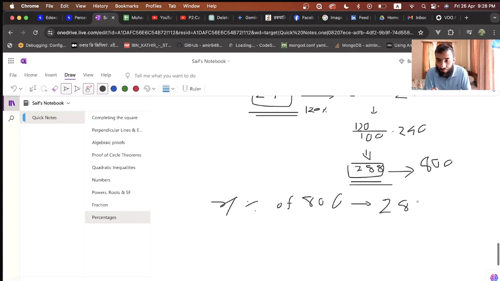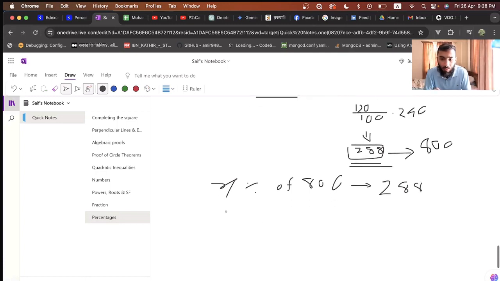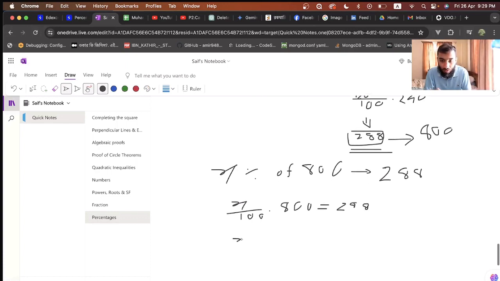So we can write X by 100 of, or you can use multiply, of 800 equals 288. Right. So X is what?